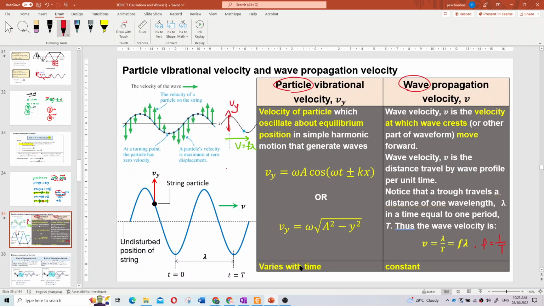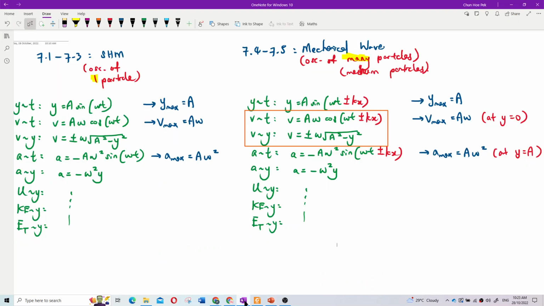It is always changing. Is it changing? Yes, because last time we learned that it has a velocity maximum and a velocity minimum.